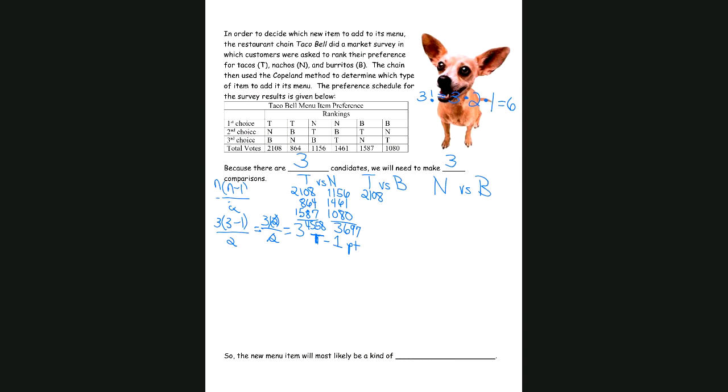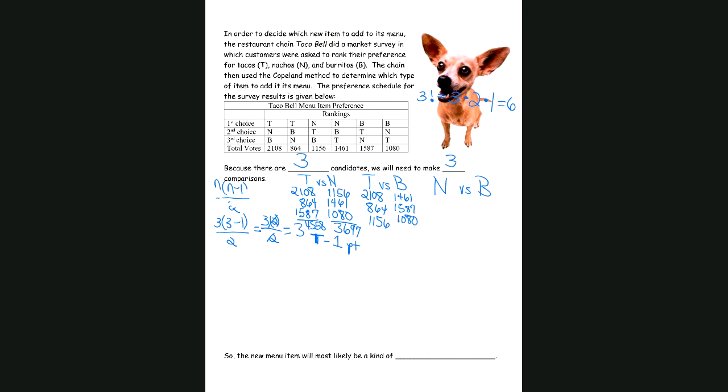Tacos is above burritos here, so tacos gets 864. Tacos is above burritos there. Tacos gets 1156. And then in the last three, burritos is above tacos in each one of those. So burritos gets 1461, 1587, and 1080.